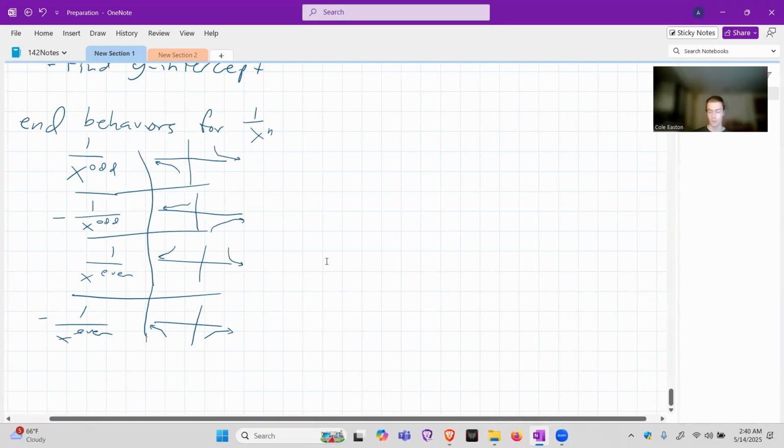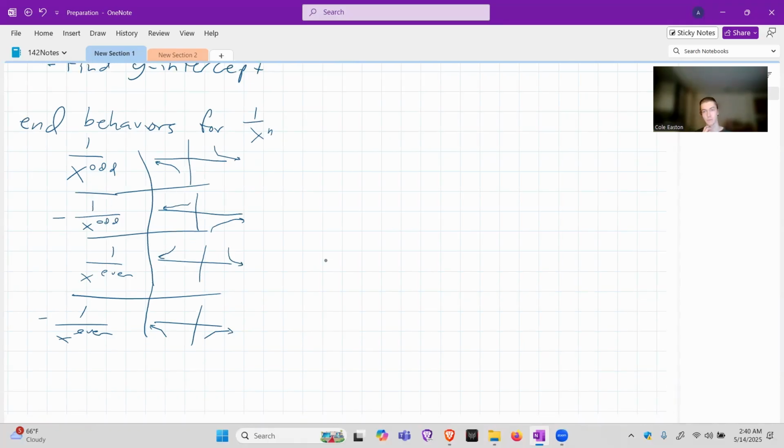Okay, so let's do a couple of examples. I'm going to factor them for us just to make this easier. So let's go x minus 1 squared, x plus 2, over x minus 2 squared.